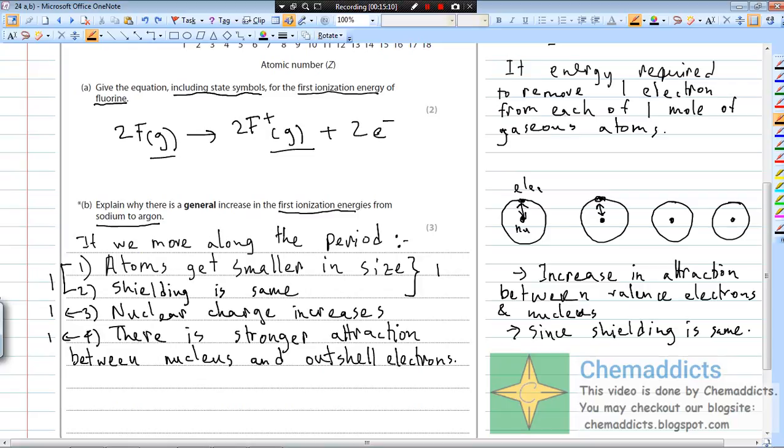So that is how we're going to do it. If we move along the period, we can see that atoms get smaller in size, shielding remains the same, nuclear charge increases, there is strong attraction between nucleus and outer shell electrons.